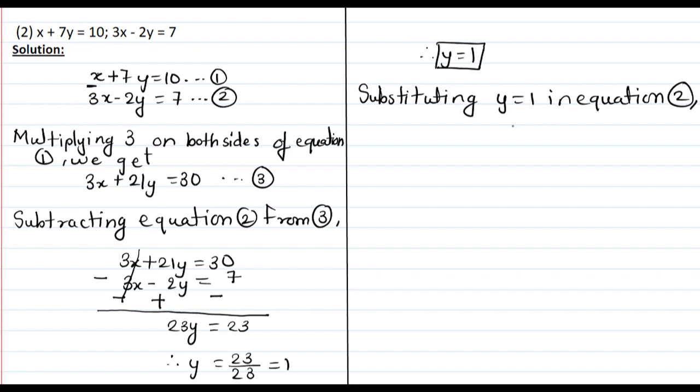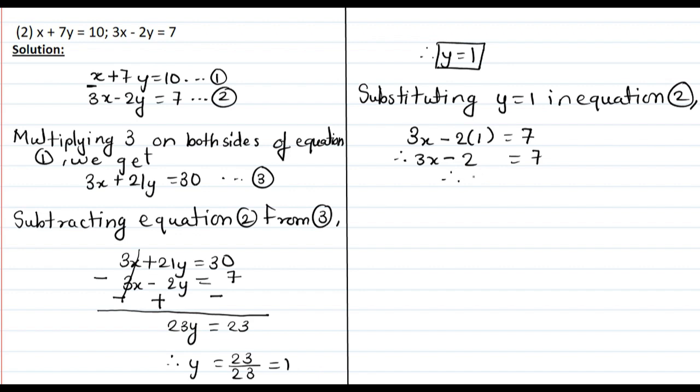You can choose any of the equations. So 3x minus 2 times y. Instead of y, we write the value of y, which is 1, and the equation equals 7. This implies 3x minus 2 equals 7.